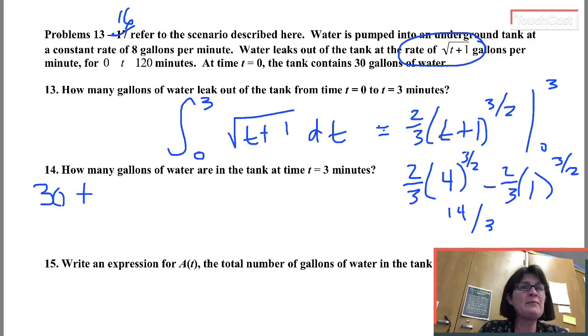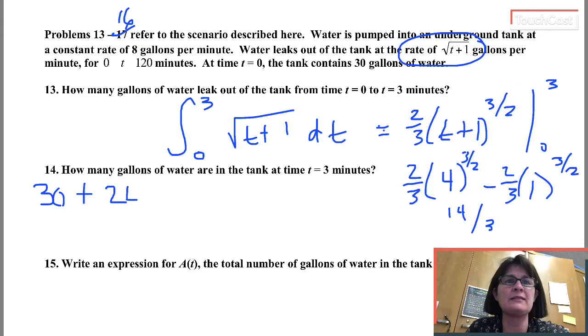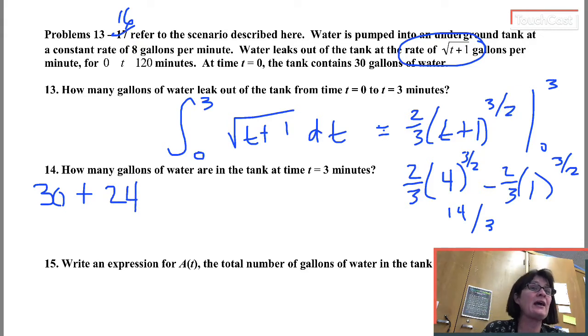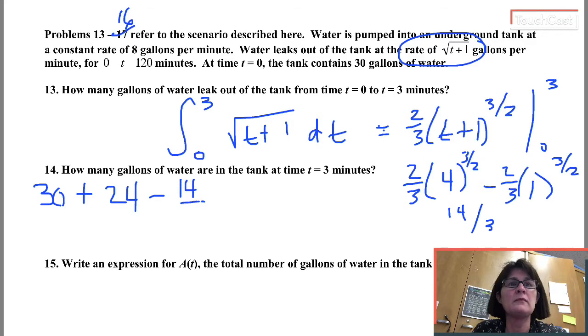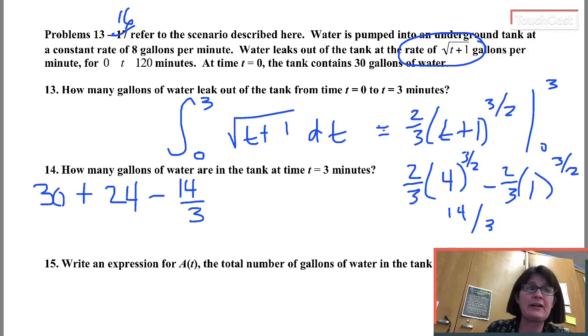Over 3 minutes, water's coming in at 8 gallons per minute for 3 minutes, so that's going to be 24 gallons that come in. And we already figured out how much leaks out. That was our answer from number 13. So this is a great answer, or you could simplify it. Please don't spend time on the AP test trying to get a common denominator and add up those fractions. This is a fine answer.